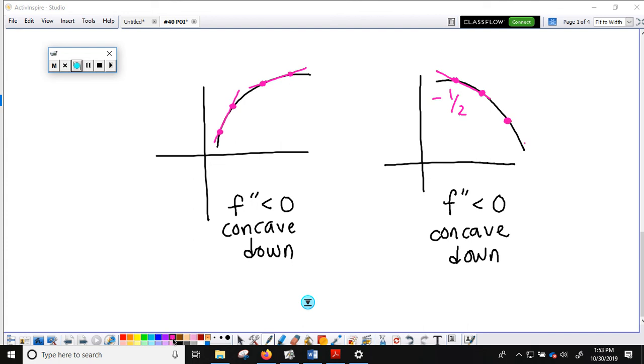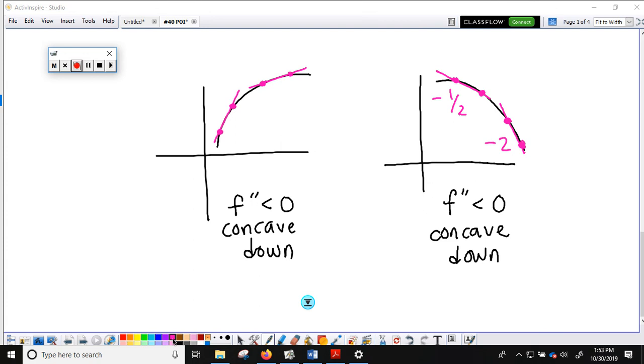Moving further along the graph, we have a negative slope with a greater magnitude, maybe -2. Our slope is decreasing. So again, concavity is a slope of a slope. Concave down looks like the inside of a bowl that's opening down, or a parabola that's opening down.